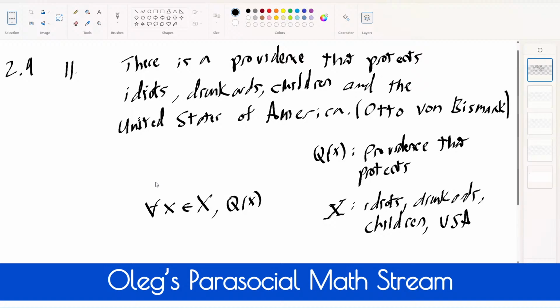So the only thing is that I define the set. How about X? The set.